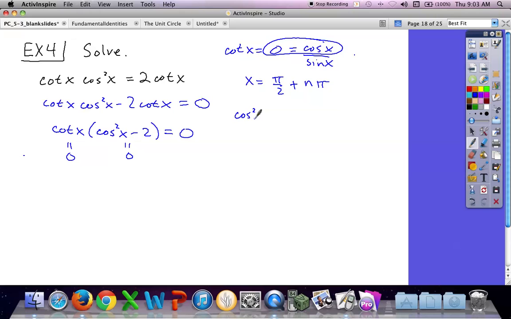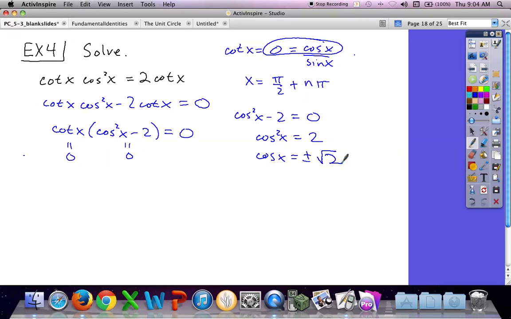Cosine squared x minus 2 equals 0. Cosine squared x equals 2. Cosine x equals plus or minus the square root of 2. Something seems wrong about that.